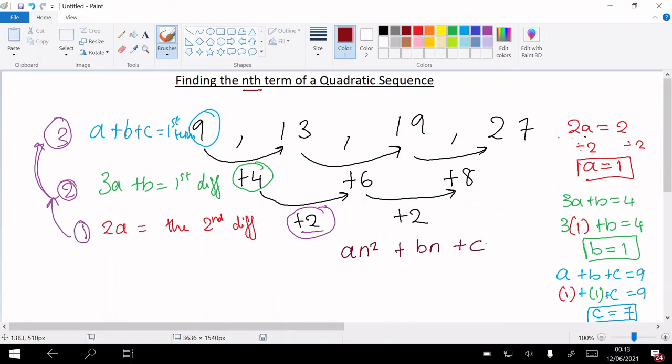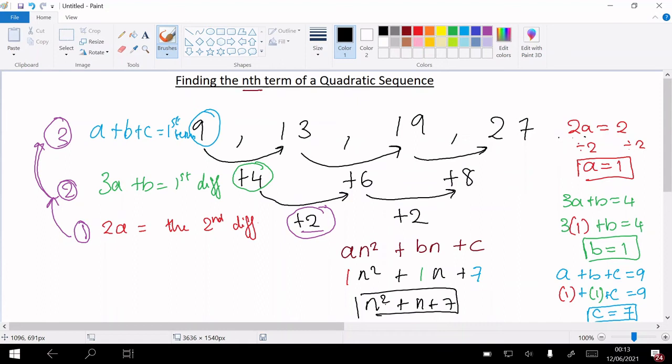Always write this general form down so you can see that once you have found a, b, and c, all you have to do is sub those values in. In this case, it will be 1n squared plus 1n plus 7. But we don't really like 1n squared and 1n, so we rewrite it as n squared plus n plus 7. And that's it. You just found the nth term of this quadratic sequence.